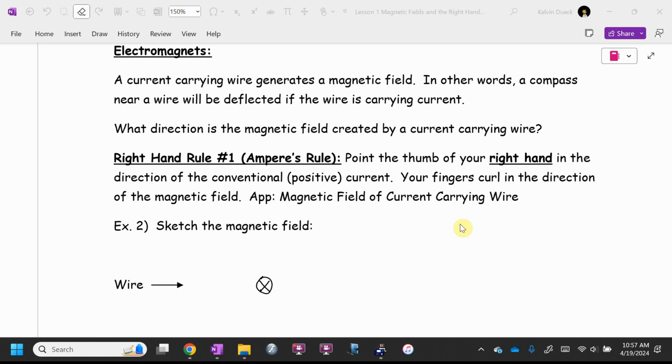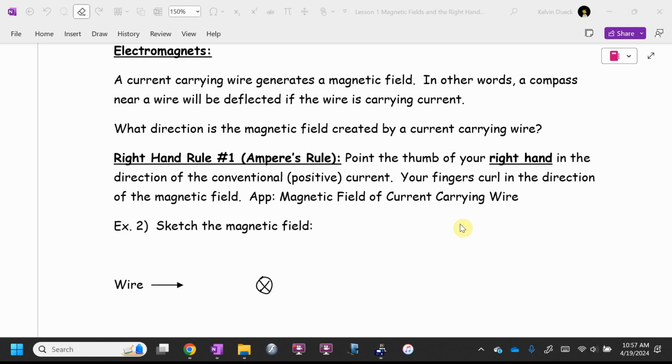If the wire was going this way, to my right, let's say, and the current was going towards the front of the classroom, everybody point your right thumbs towards the front of the classroom. Above the wire, the magnetic field would be going to the right-hand side of the classroom. On this side of the wire, the magnetic field would be pointing straight down.